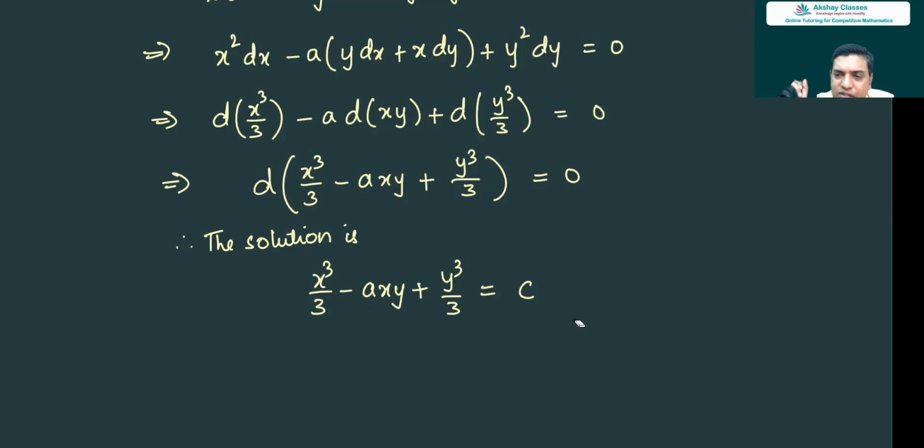Yes, any more questions? Sir, one more question. In this case, the backward mapping is like you took x square and mapped it back to x cubed by 3. It is easy. But if it is something like a log type of function, then? You just have to integrate it.